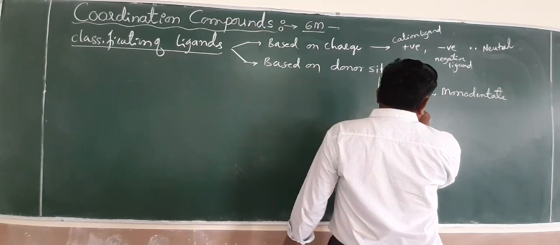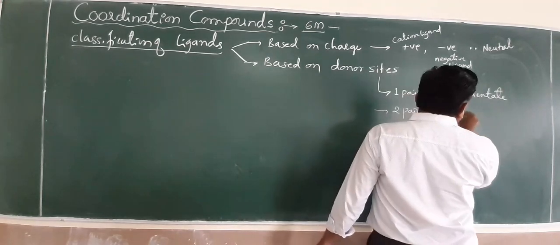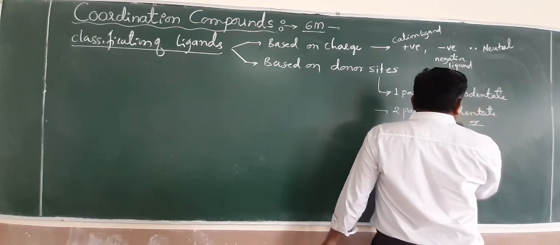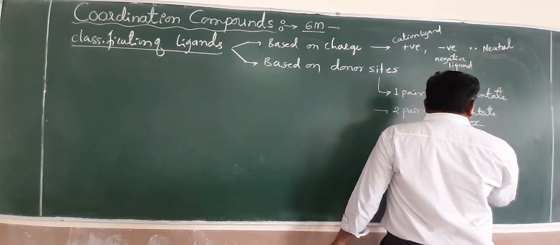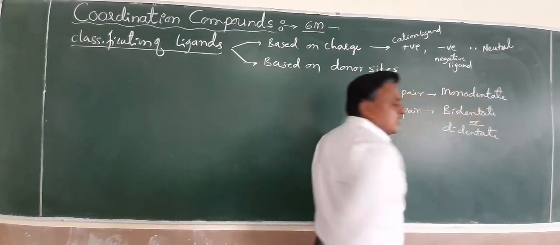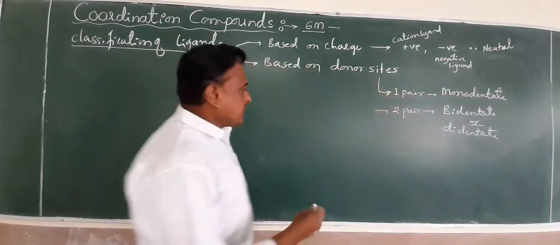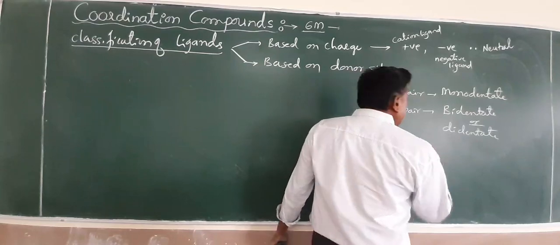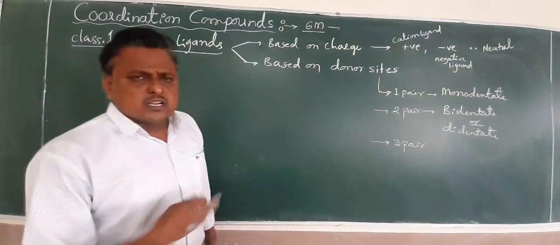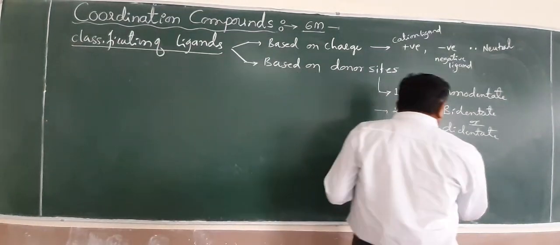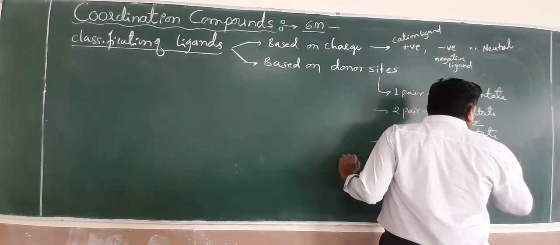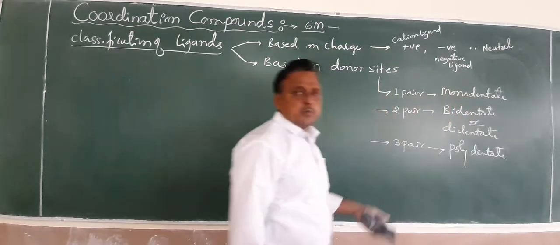Two pairs, we call it a bidentate ligand. More than that, commonly called tridentate, tetradentate, polydentate. This more than two we call polydentate ligands. I repeat, friends.